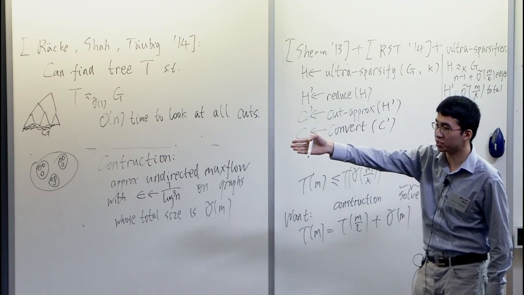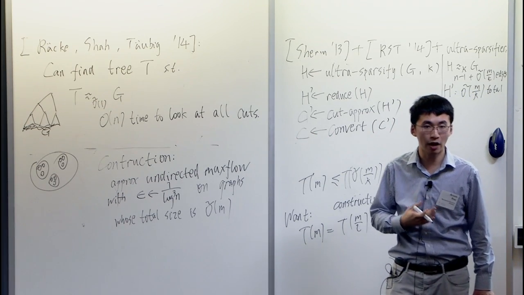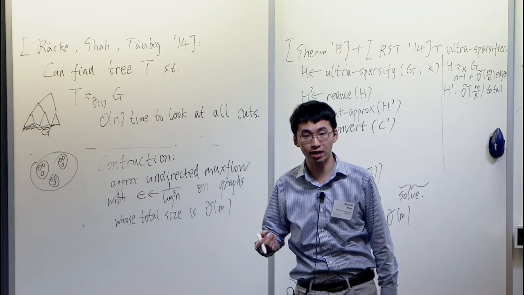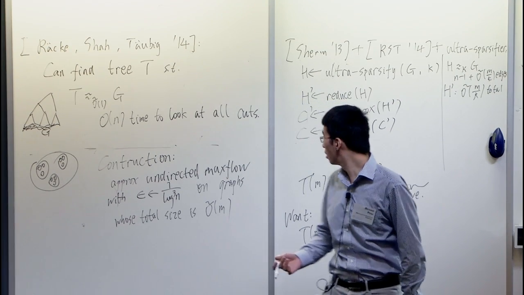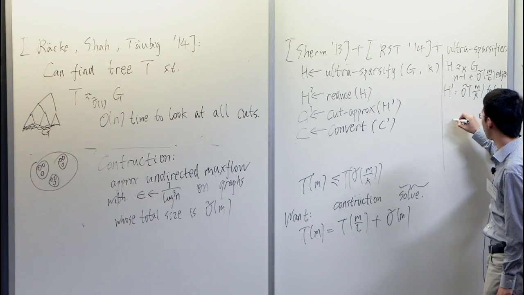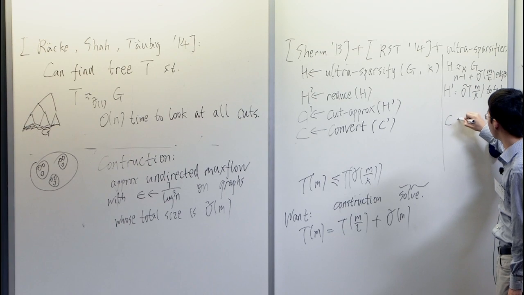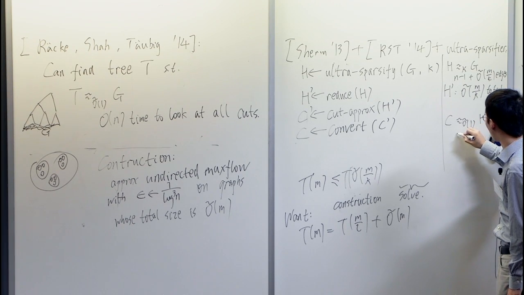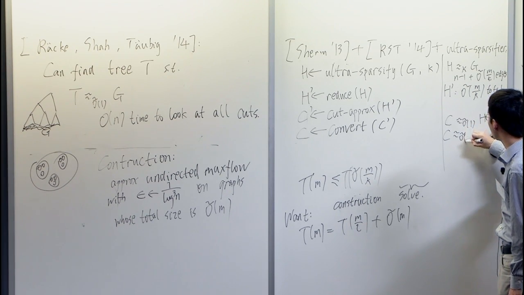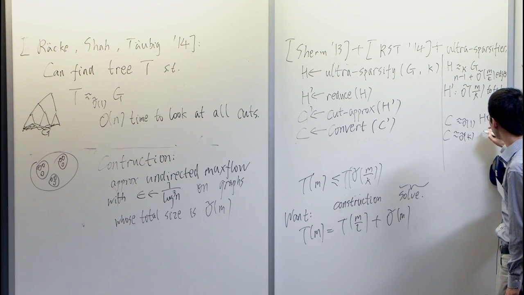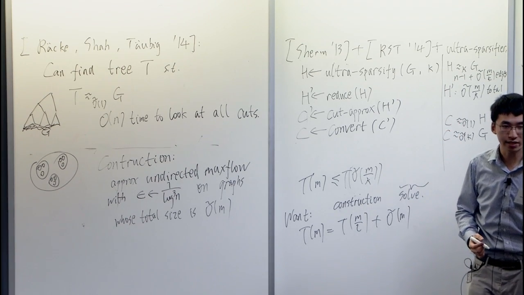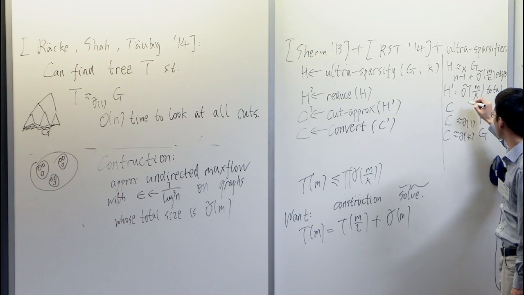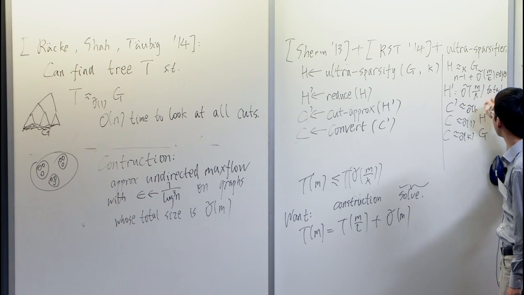And what I have from the guarantees over there is that the conversion routine only loses me a constant factor from H prime back to H. And because my H and G are within a factor kappa of each other, what I have is that C is a factor polylog n from H, and therefore is also polylog n times kappa from G. So one condition that I forgot to state is that the guarantees of the RST algorithm also give that C prime is within a polylog n factor of H prime.